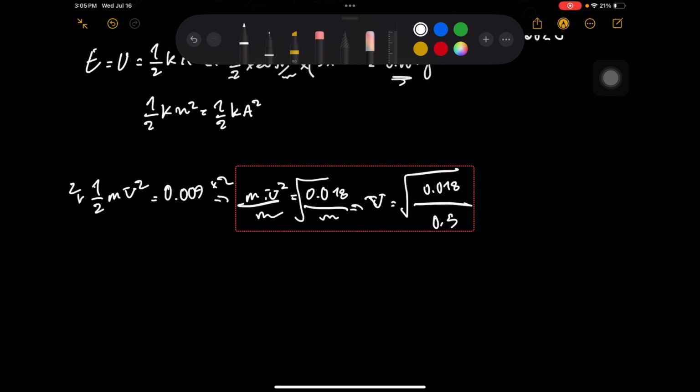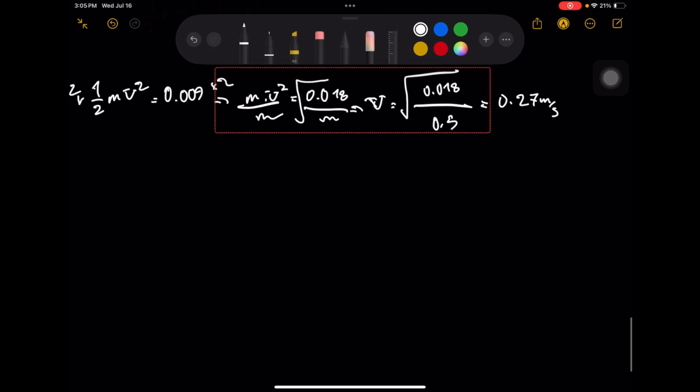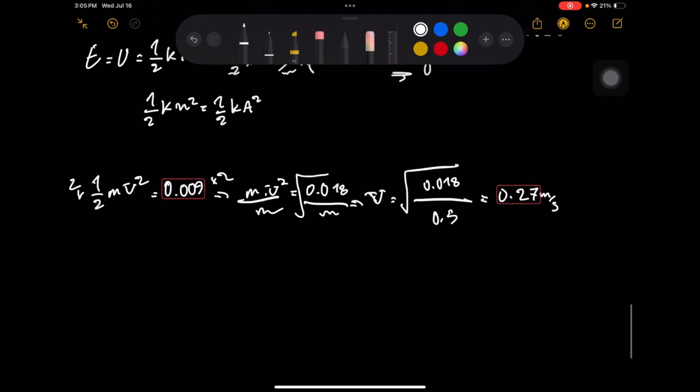We get something like 0.27 meters per second.